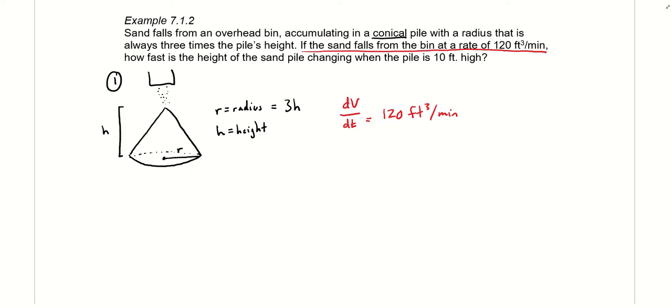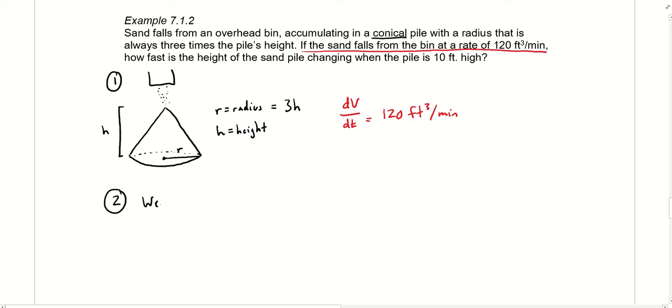We've got a nice picture here. We've got some quantities. Let's see what we want. So in step 2, we write down what we want. How fast is the height of the sand pile changing when the pile is 10 feet high? So it looks like the quantity we're interested in here in terms of rate of change is the height.